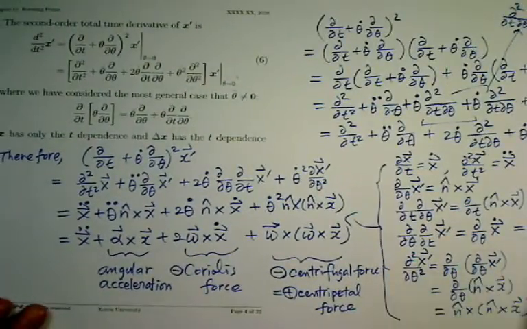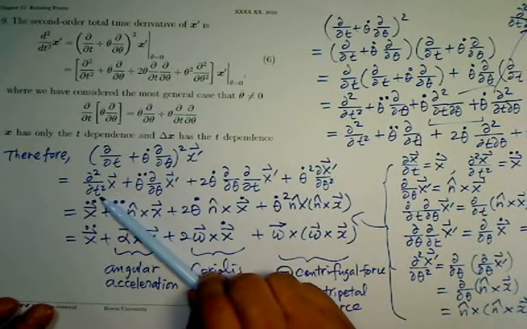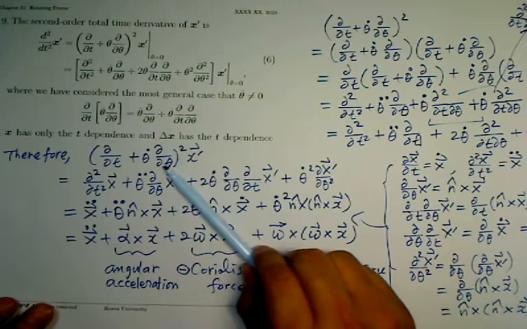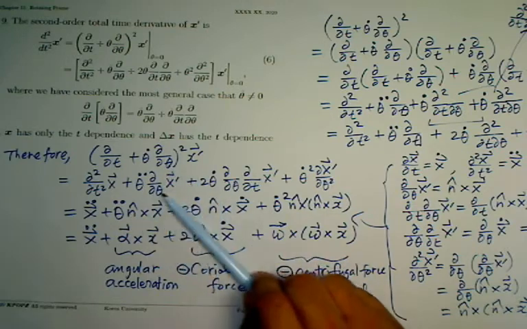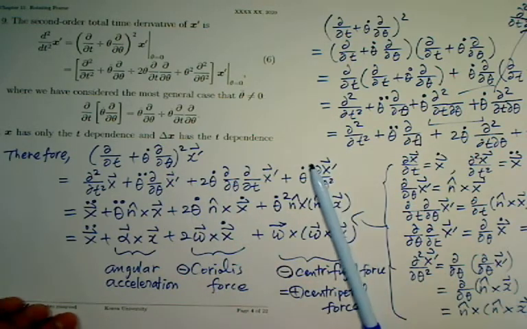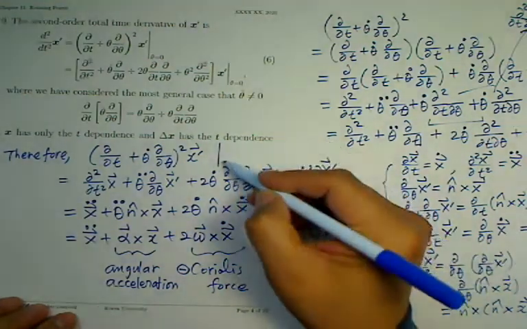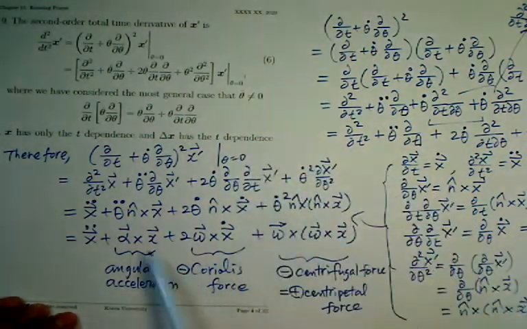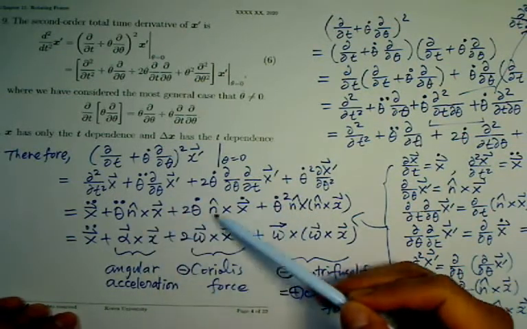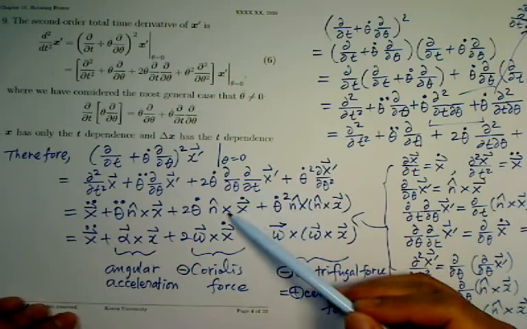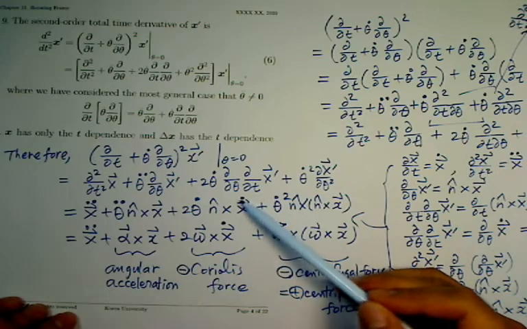Alright, as a result, the previous calculation shows the first order derivative is n hat cross x when theta equals 0. And this one, 2 theta dot n hat cross x dot.